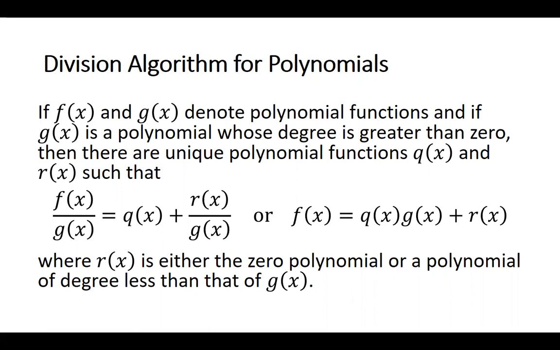And here it points out r of x is either the zero polynomial, meaning you may not have a remainder, so r of x may be equal to 0, or it will be a polynomial of a degree less than that of what you're dividing by. So that gives us the idea that basically divide two functions and you're getting a quotient function and a remainder function.